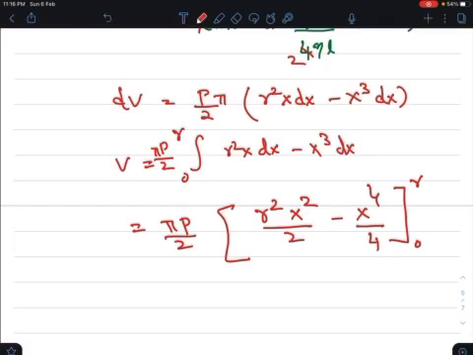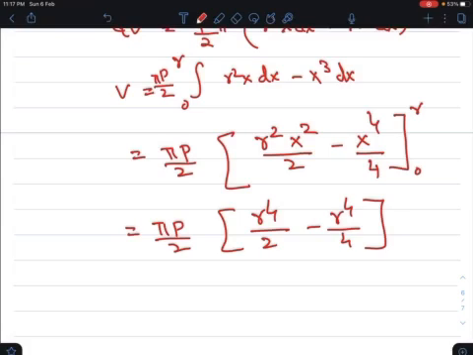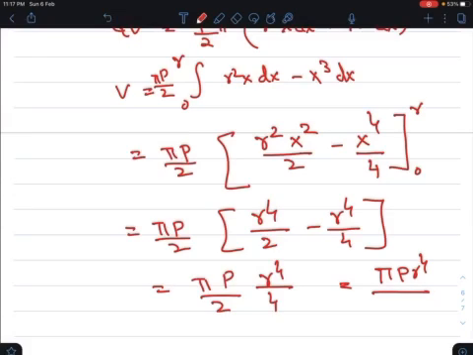So you just have to put 0 for x and also r for x. So it will be r raised to 4 by 2 minus r raised to 4 by 4. So it is nothing but equal to r raised to 4 by 4 into pi P by 2.